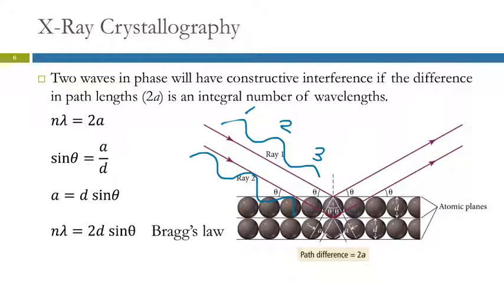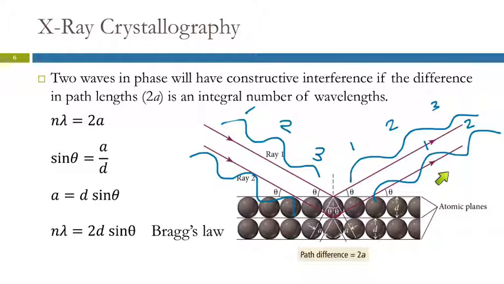So what happens then is here we have, oops, ran out of space there. 1, 2, 3. Now this is 1, 2. And so ray 2 gets offset by 1 wavelength from ray 1.